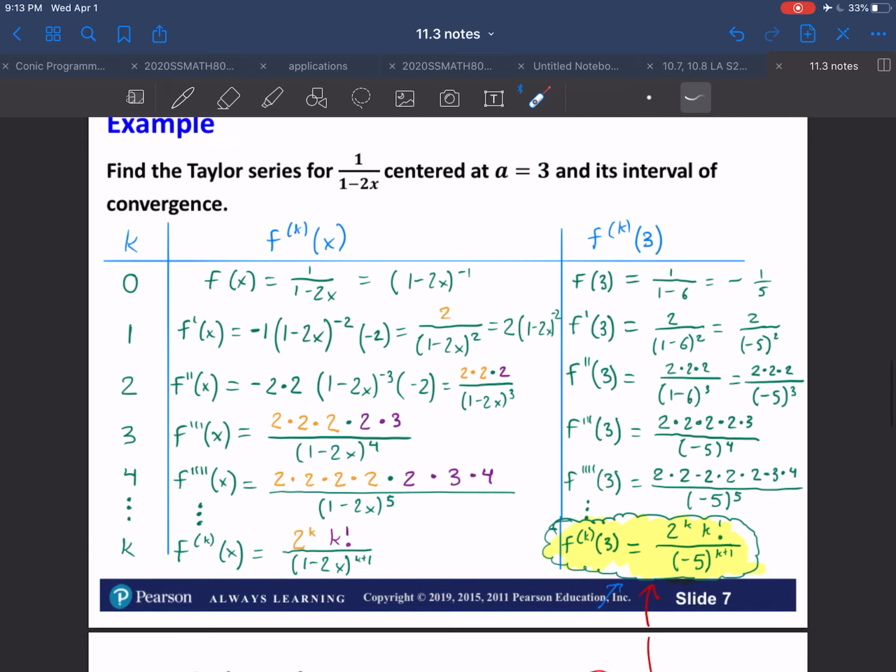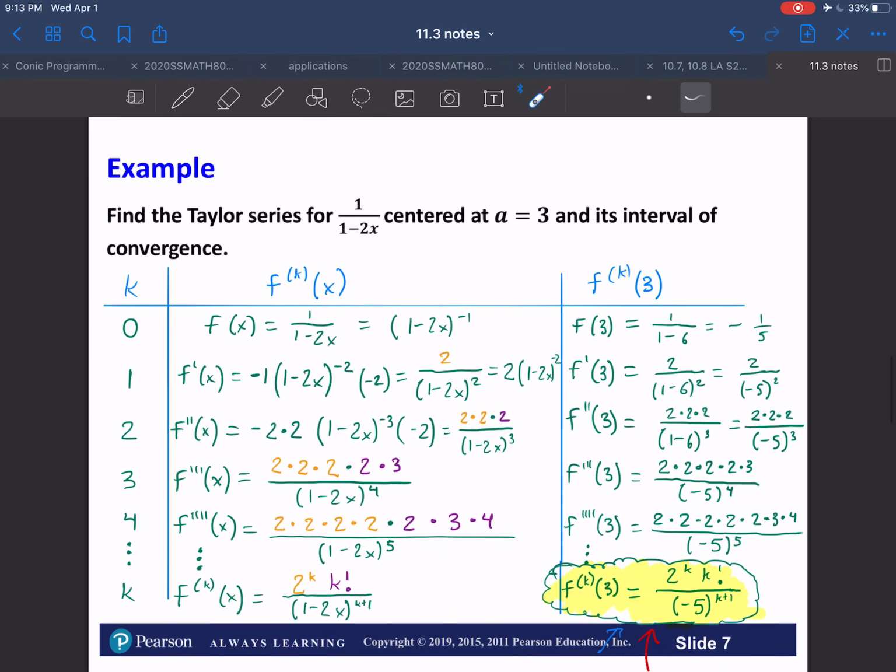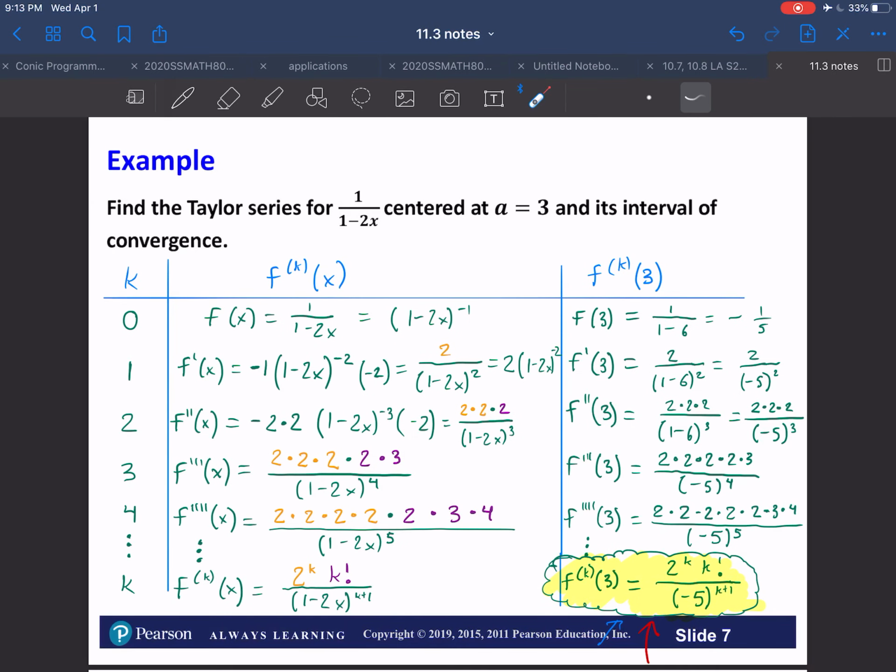Okay, so that was a lot. Let's recap what this example did. We started off with this function, and we can call this f of x. And we were asked to find the Taylor series for it. Remember that the Taylor series for a function is its exact representation.